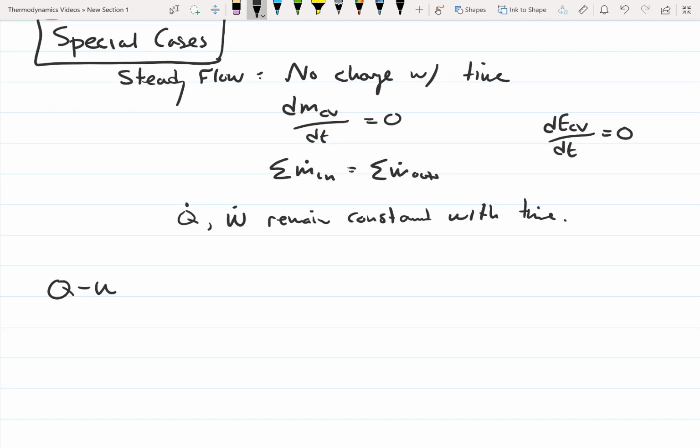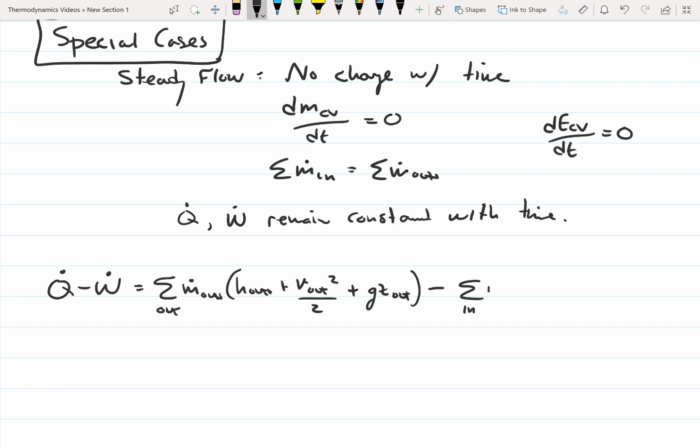Remember these are still rates, they're just not changing with time, and it is equal to the sum out of the mass flow rate times the enthalpy plus the kinetic energy plus the potential energy, minus the sum in, m in dot, times the enthalpy plus the kinetic energy plus the potential energy.